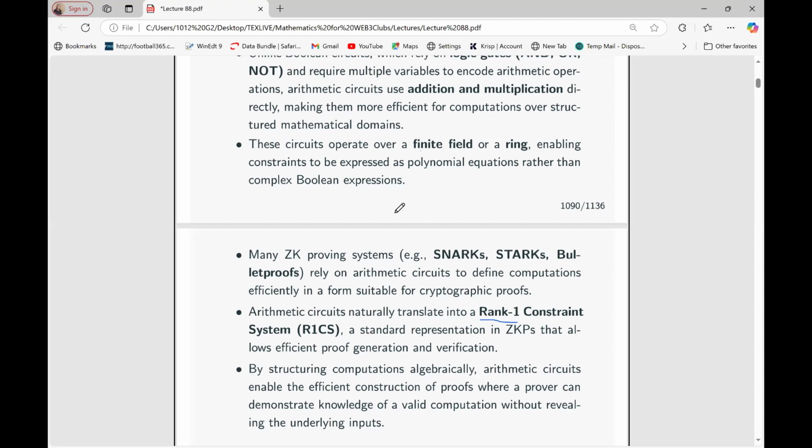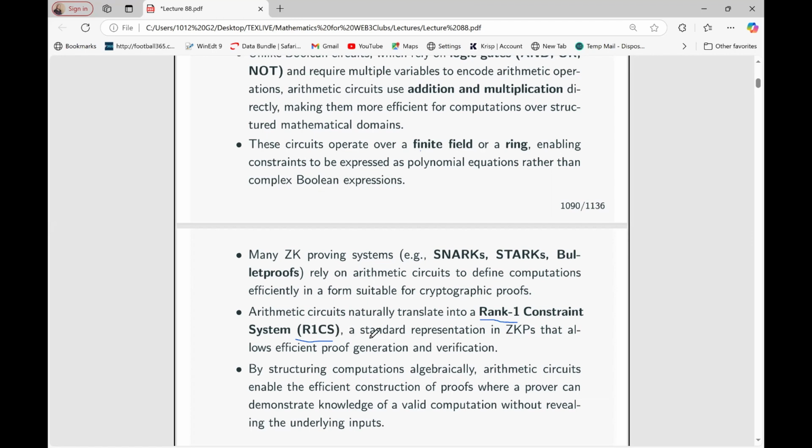But what I've noted here is that though we've not reached the rank 1 constraint, the arithmetic circuits would naturally translate into rank 1 constraints. If you read books, rank 1 constraint system would be abbreviated as R1CS.